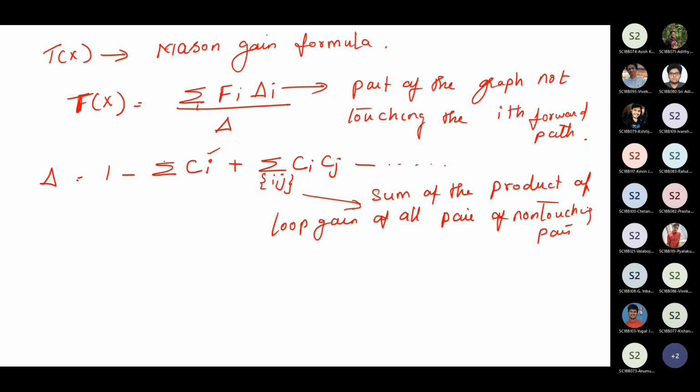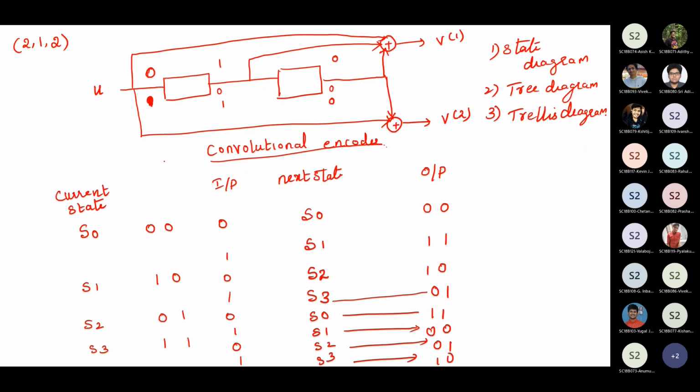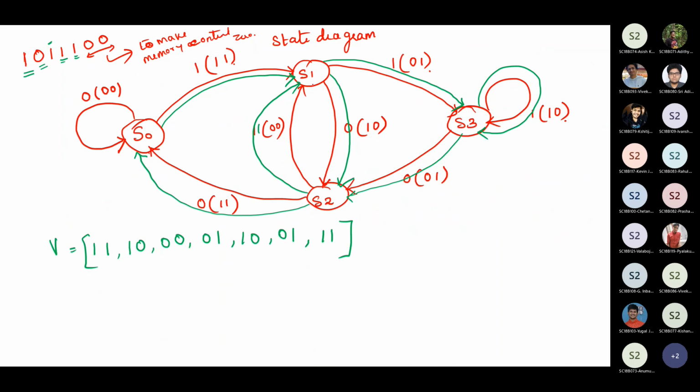Okay, so here we will take an example of this one, (2, 1, 2). We have a state diagram, and we draw a state diagram for this. With the help of the state diagram, next we are going to modify this state diagram, and based on that we can apply the Mason gain formula.